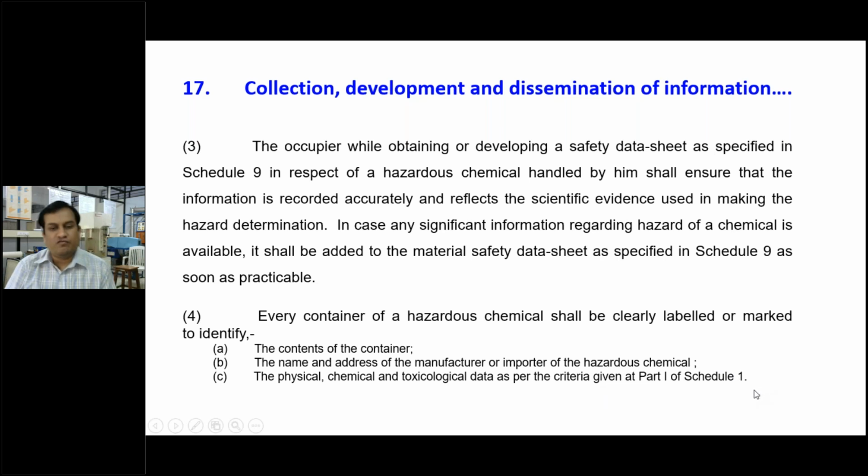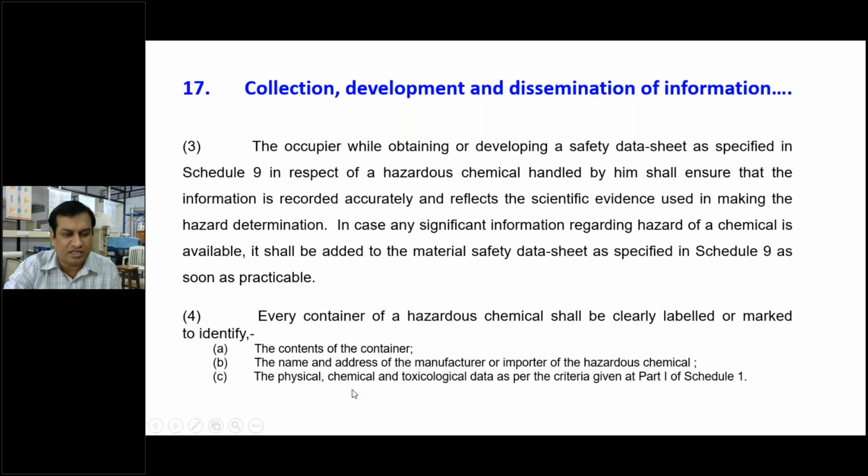So in schedule 1, the toxicological data is given, and with reference to that data, you should label the container in that manner that you should understand what are the contents of these containers, and what is the name and address of the manufacturer of these hazardous chemicals, because in case of accident, in case of leakage, you have to contact that responsible person, that manufacturer. That is why this data is essential on the label or marking systems.